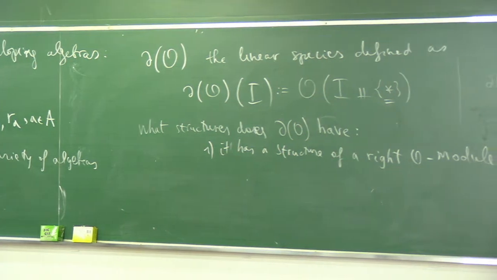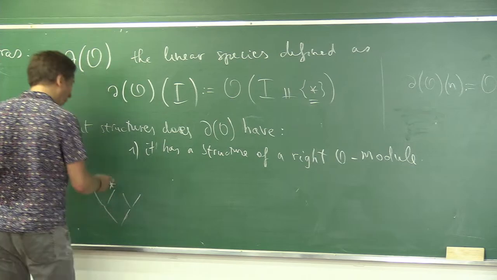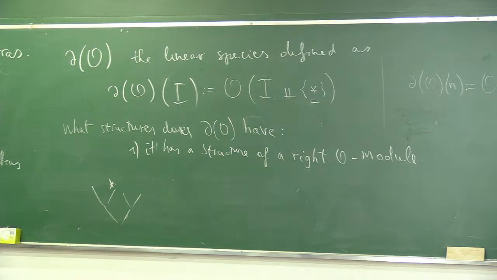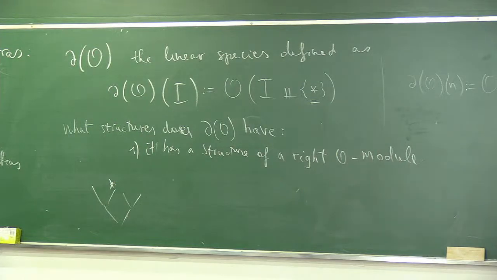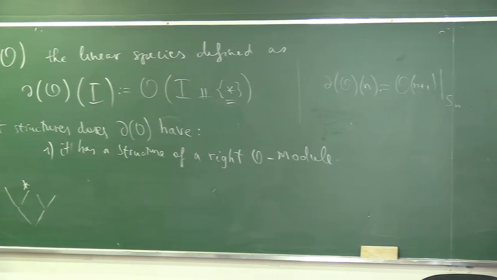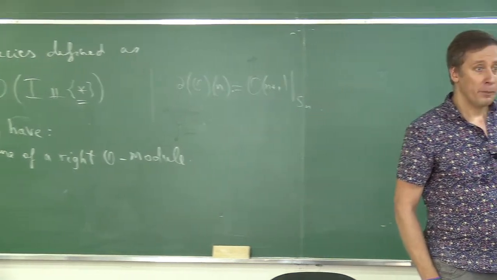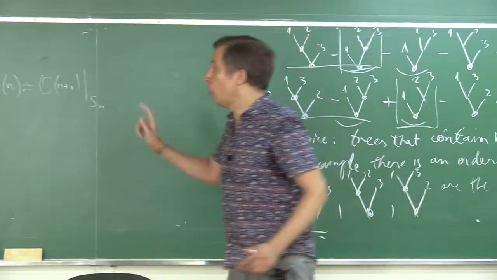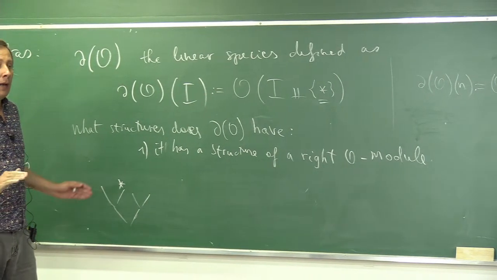So we have our operations, with one special argument star that we don't touch, and in all other arguments, we can substitute. We can use the fact that O is an operad, so we can do the substitution. So of course, we have a right O module structure. Note that we don't have a left module structure. We don't substitute into star. We substitute in everything except for star.